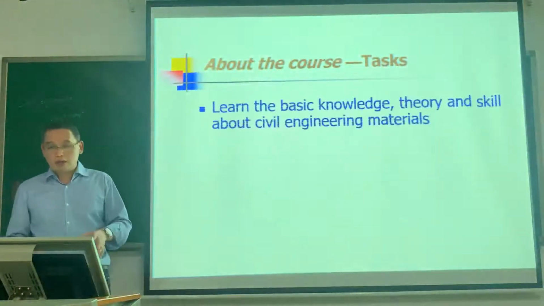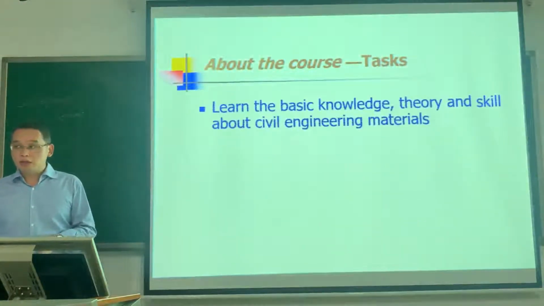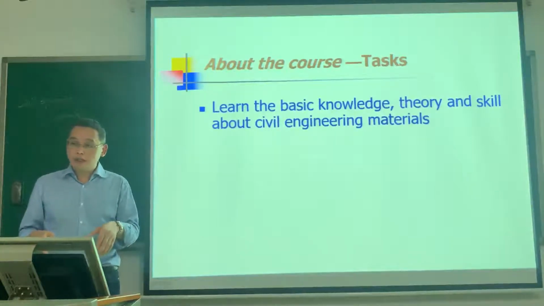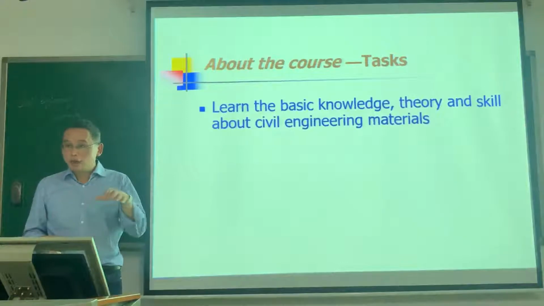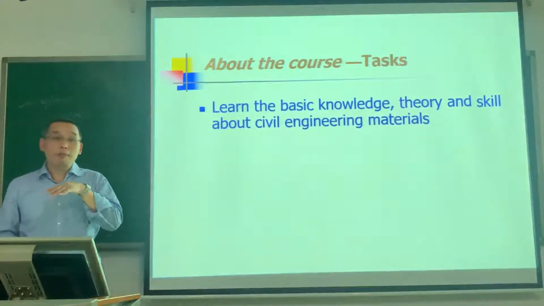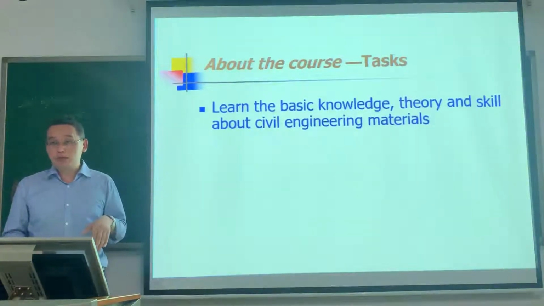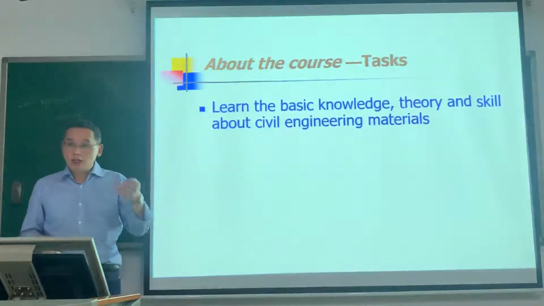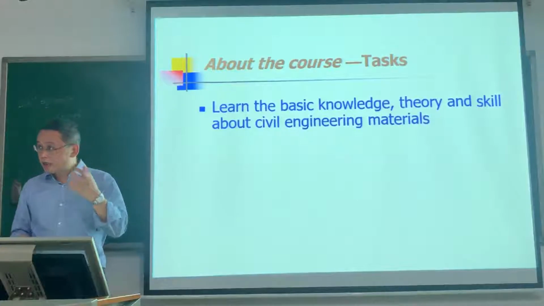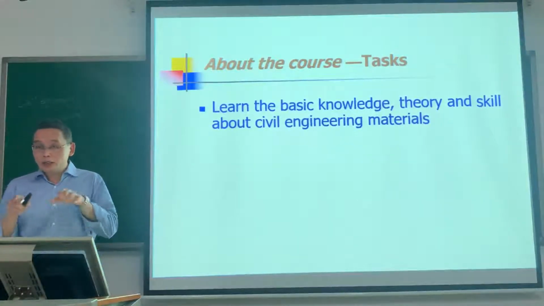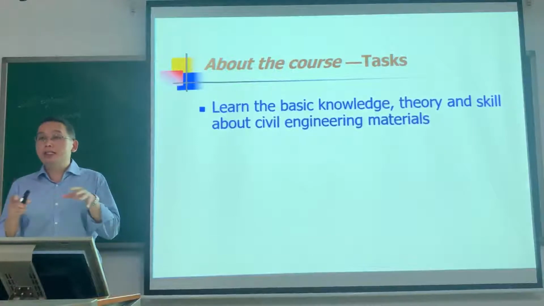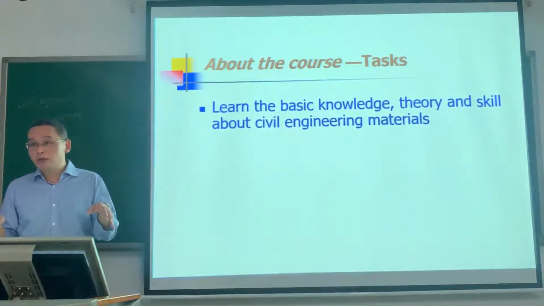And about this course, what do we need to do? The first one, we need to get some basic knowledge about these kinds of materials, including the cement, the concrete, the aggregate, the asphalt, the steel, the asphalt concrete. What is the basic knowledge?